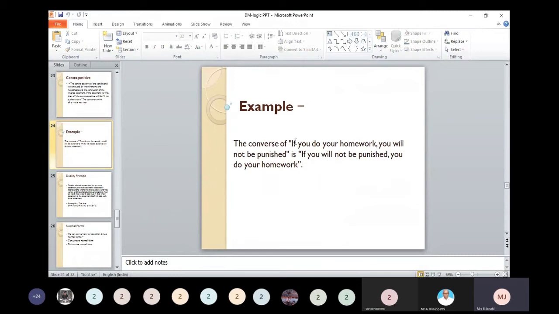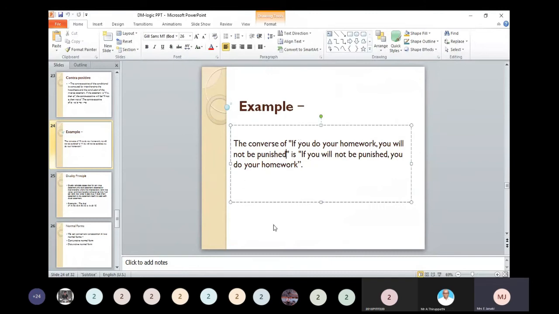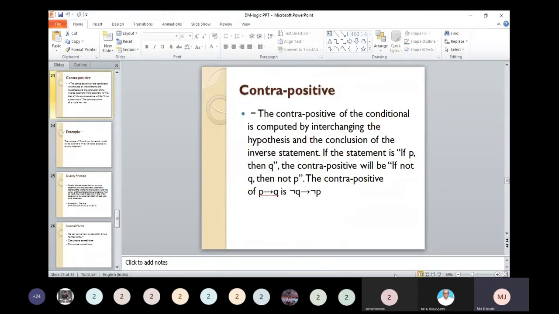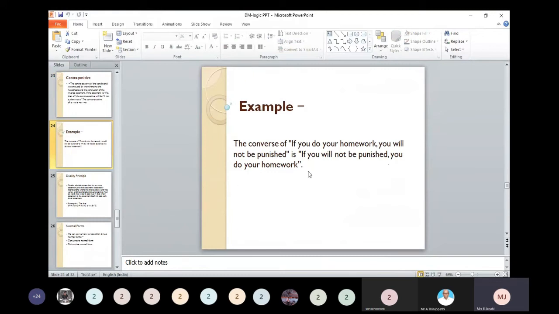Okay, the contrapositive means what? If you do your homework, this is P, then you will not be punished, which is Q. So if P then Q is the given statement. The answer is if negation Q. So what about the negation of Q? You will not be punished is Q, so the negation of this statement is: you will be punished.